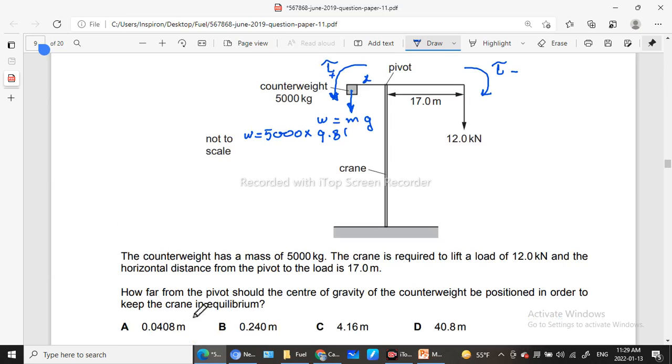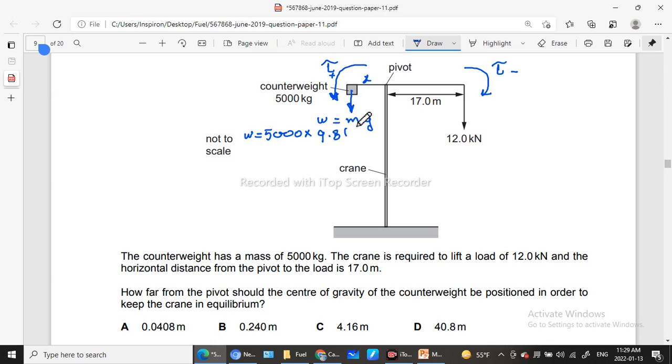To keep the crane in equilibrium, the net torque must equal 0. So the clockwise torque of this force equals the anticlockwise torque of the counterweight. And let this distance be x.